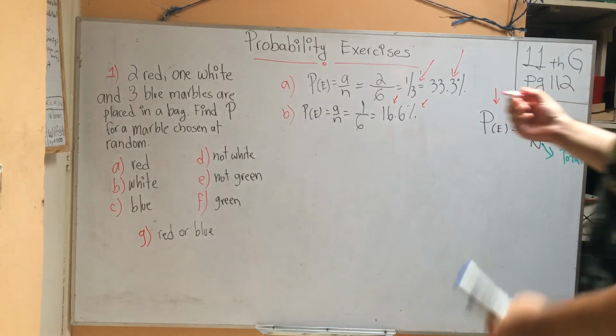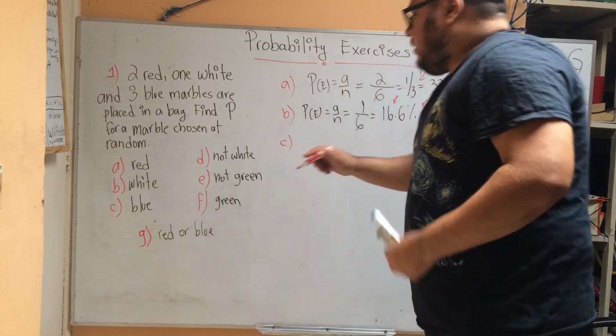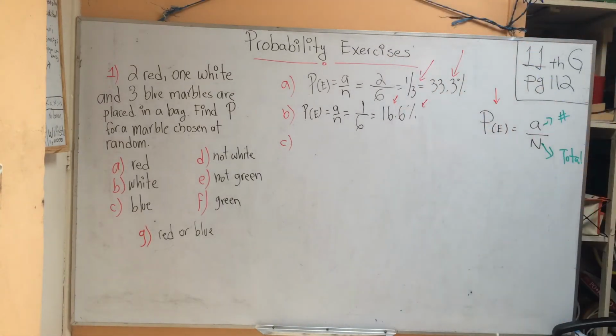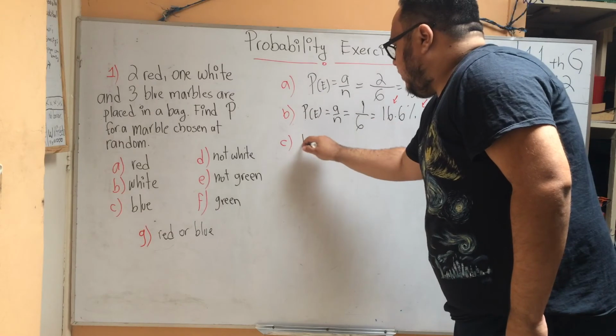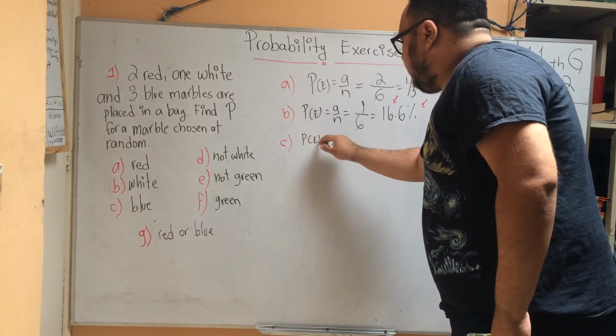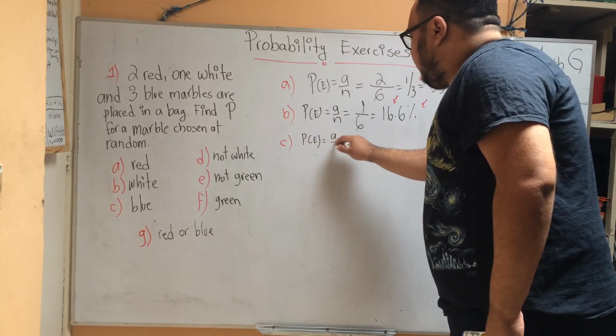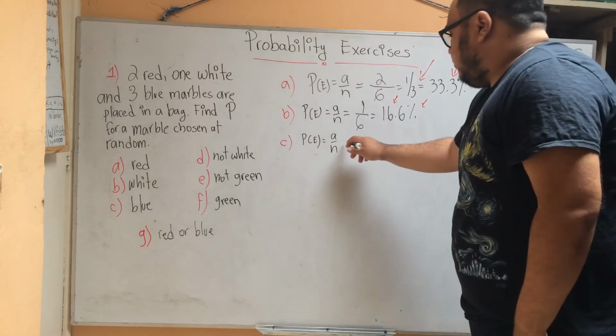The chances of getting a blue marble. So we have 2 red, 1 white, and 3 blue marbles. If we have 3 blue marbles and the total is 6, that means that when we put it into the formula, A over N, we're looking for blue marbles.